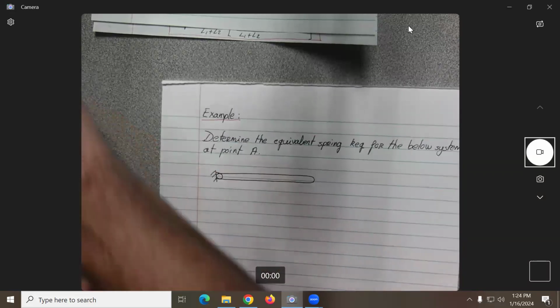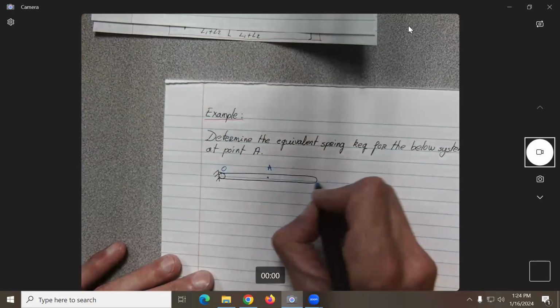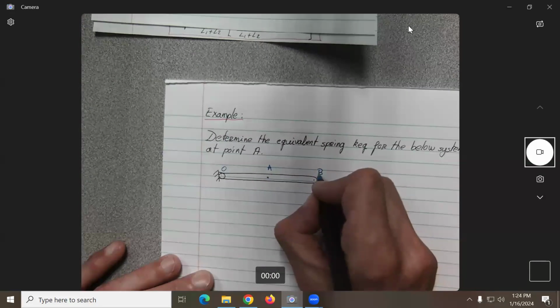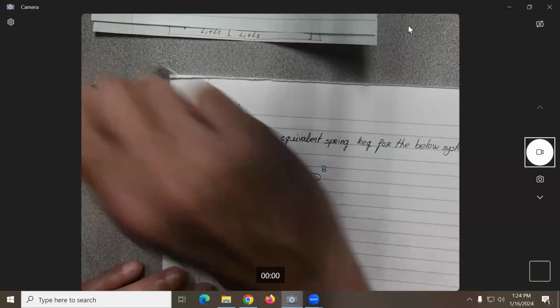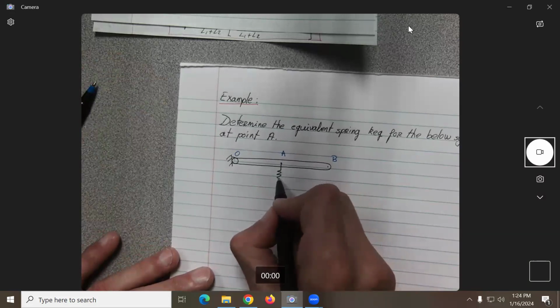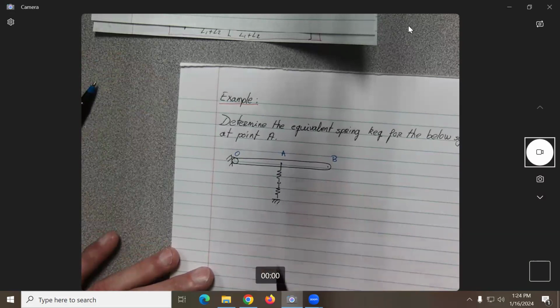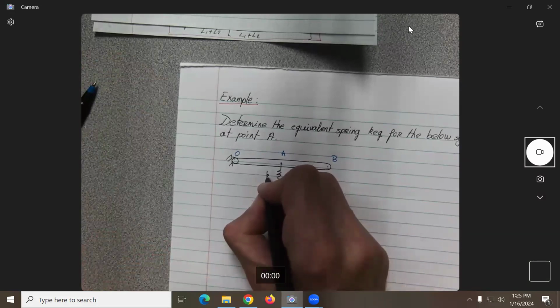Okay, so let's say this is our point O. This will be our point A. This will be our point B. But in this case, just to make it a bit more difficult, I don't know how bad the algebra is going to be, let's say this will be K1.